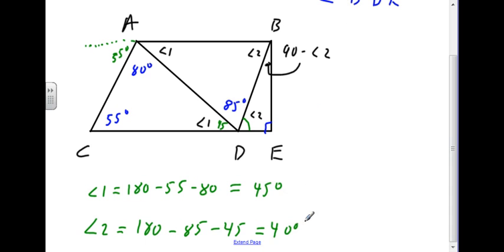Now, if we go the other way and say the sum of the angles of a triangle is 180, then we get the same answer. This is still going to be 45 degrees, and we're still going to get that straight line, and it's still going to get 40 degrees either way. So obviously the author drew the picture wrong on purpose just to mess with us.